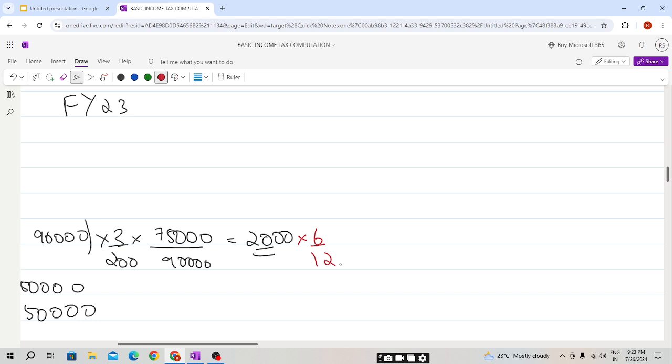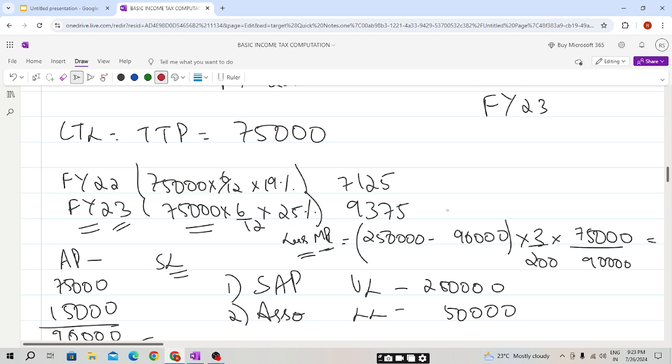So 1,000 will be our marginal relief. I hope this is clear, students. So the total liability will be 8,375. I hope students this point is clear.